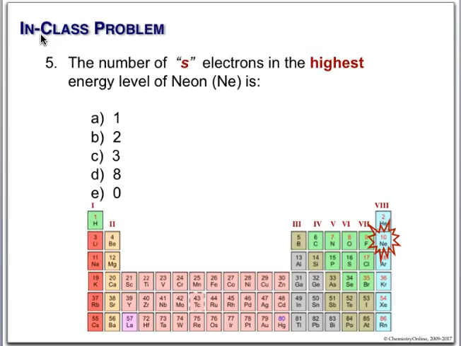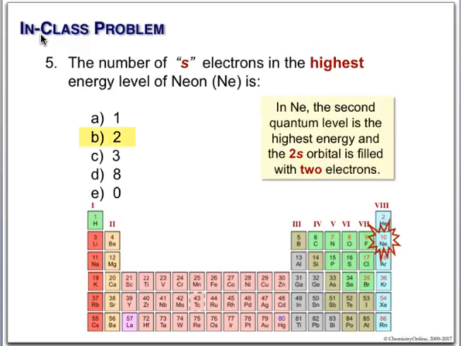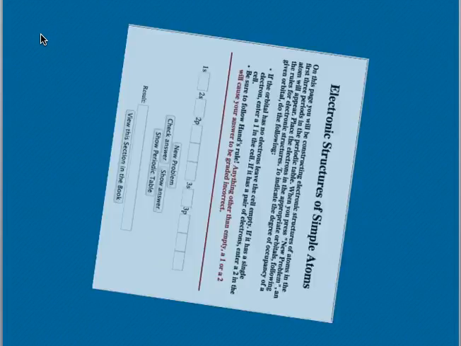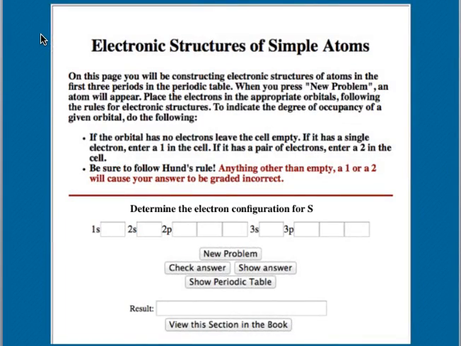How many s electrons in this atom? These are all p's, and these are our s. Only two. One more. Oops, nope, sorry.